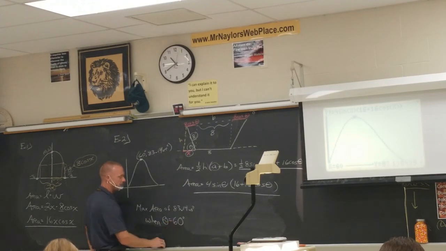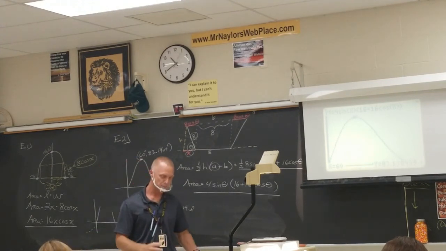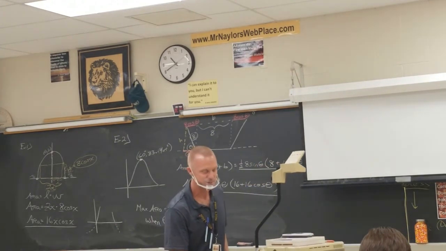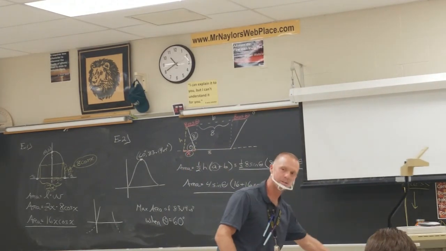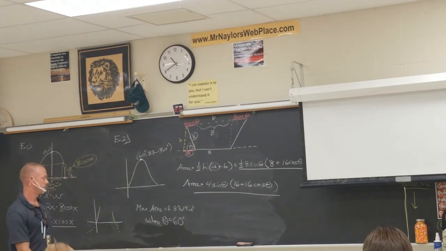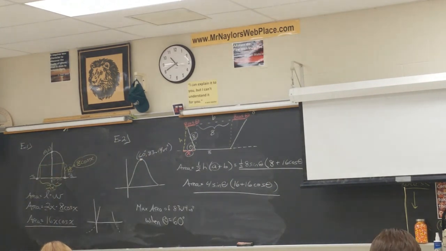I think I asked you for the maximum area, but we can also identify 60 as the angle. Interesting. It wasn't 45. It wasn't 90. It happens to be 60. Okay, because of numerical analysis.